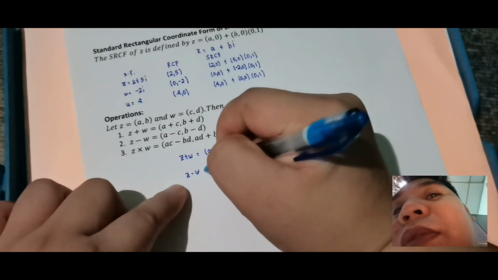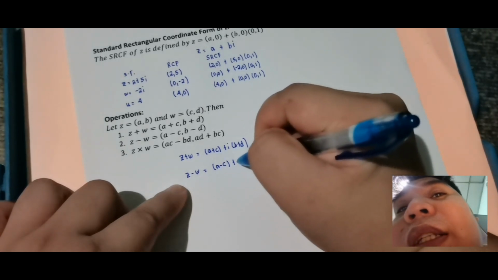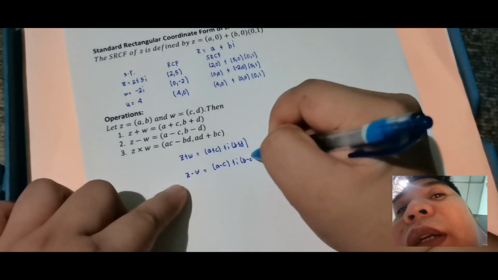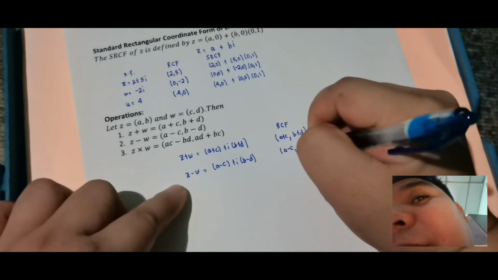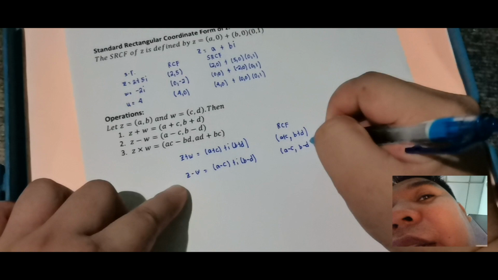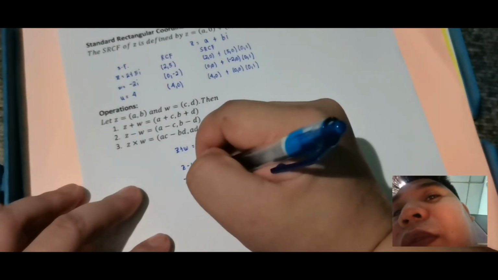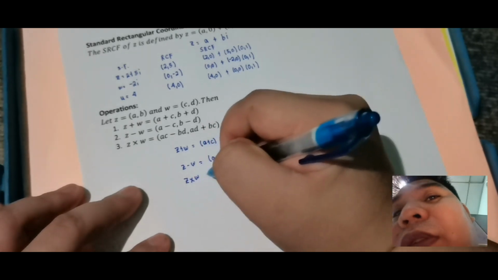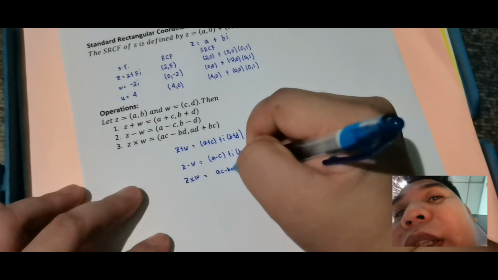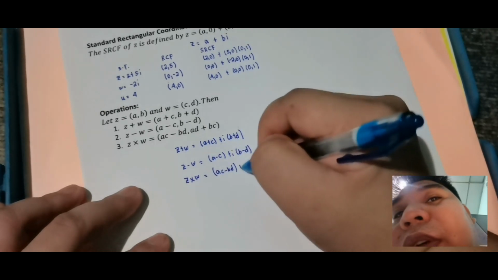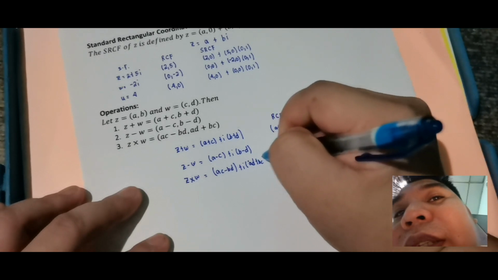So likewise, ito rin nangyari dito. z minus w, that is a minus c, okay, then plus i, then b minus d. So in RCF, that is a minus c, comma b minus d. Okay, also for multiplication, yung z times w, that is equals sa ac minus bd, okay, plus i times ad plus bc.